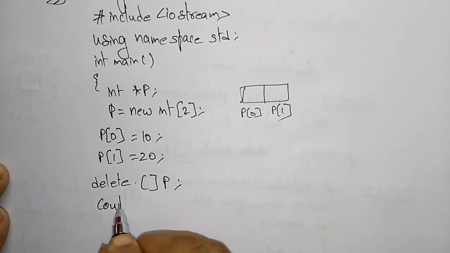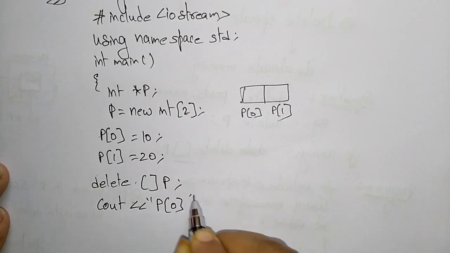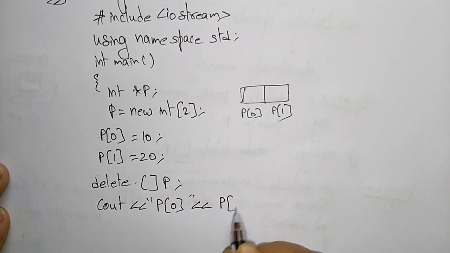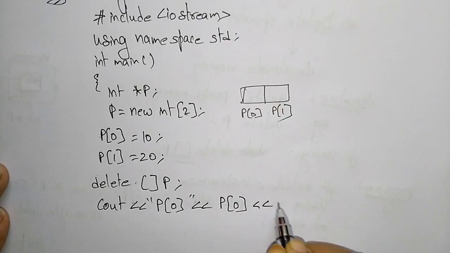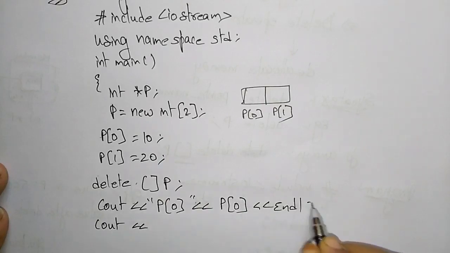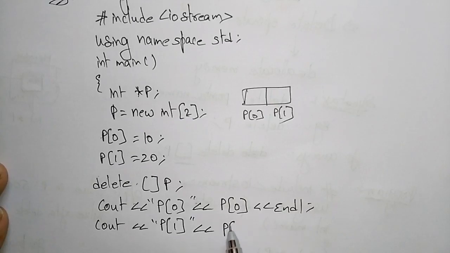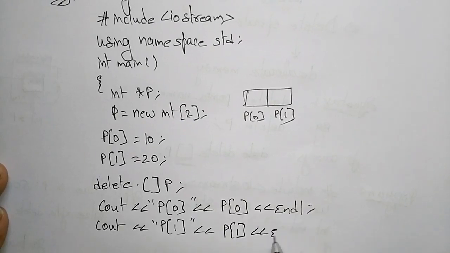Now I am printing the values: cout p[0] and endl, again cout p[1], print the p[1] value and endl.